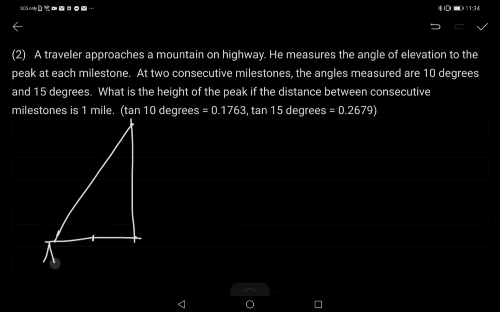This is A and this is B, C and D. So between A and B is 1.